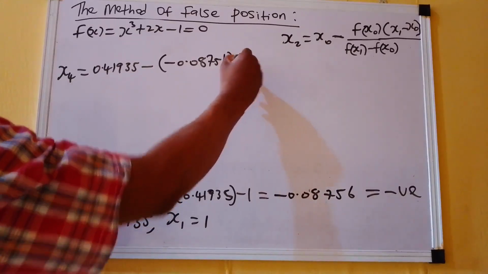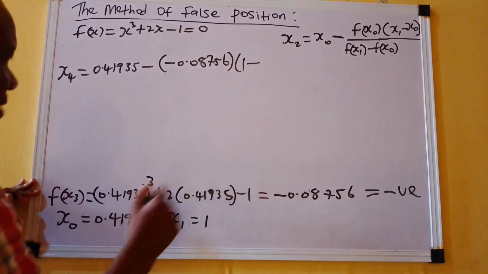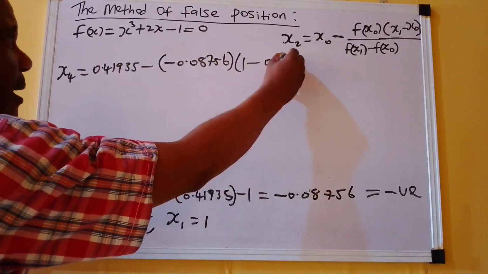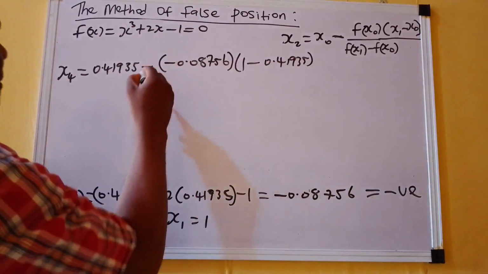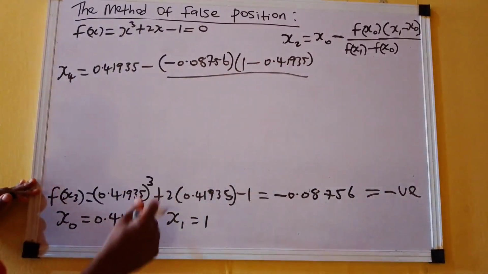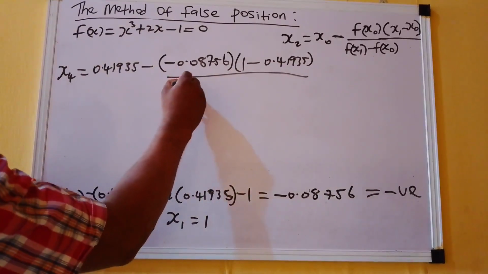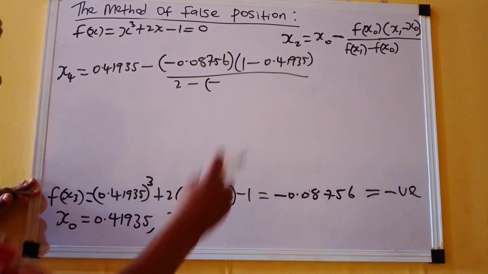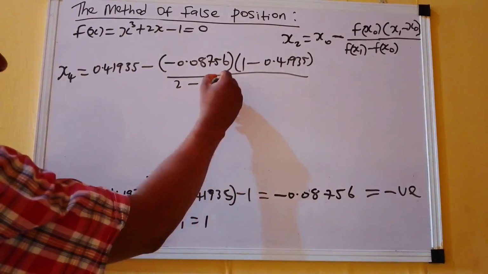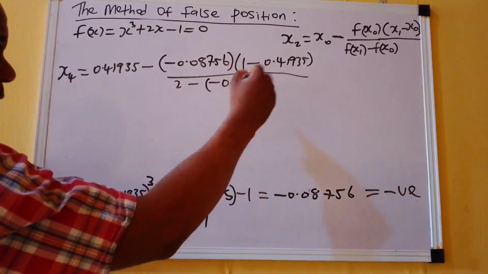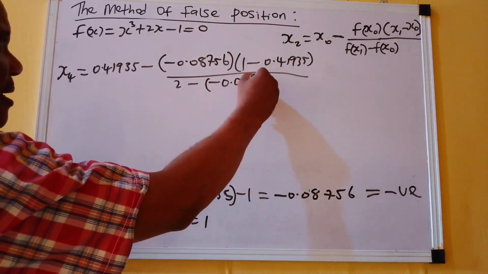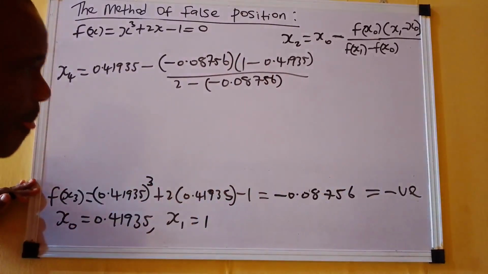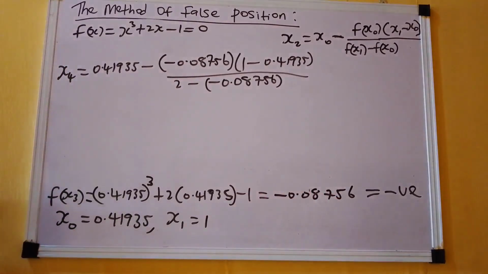Then into x1 is 1 minus x0 is 0.41935. Then all over f of x1 of course is 2 from the beginning. There's a minus sign there. Then minus f of x0. F of x0 is minus 0.08756. So that is what you have there.